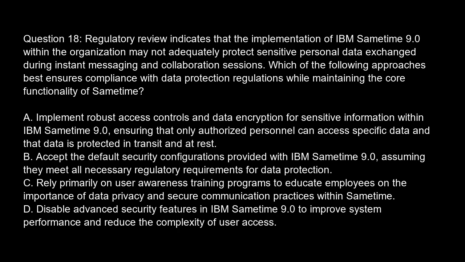Option C. Rely primarily on user awareness training programs to educate employees on the importance of data privacy and secure communication practices within Sametime. Option D. Disable advanced security features in IBM Sametime 9.0 to improve system performance and reduce the complexity of user access.